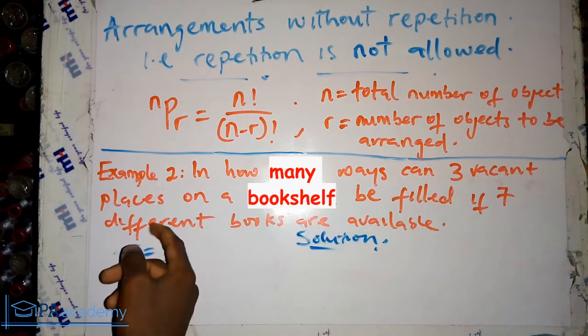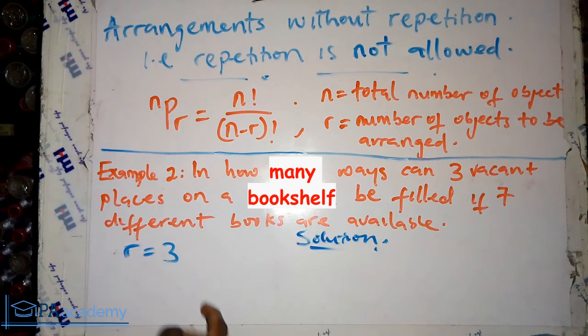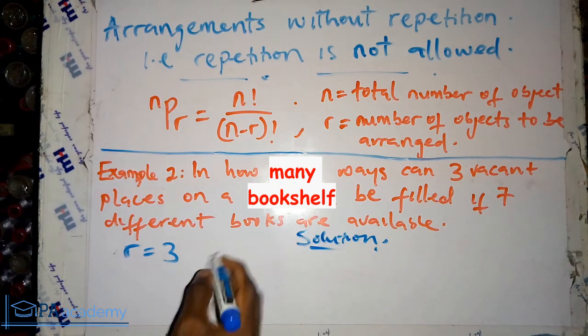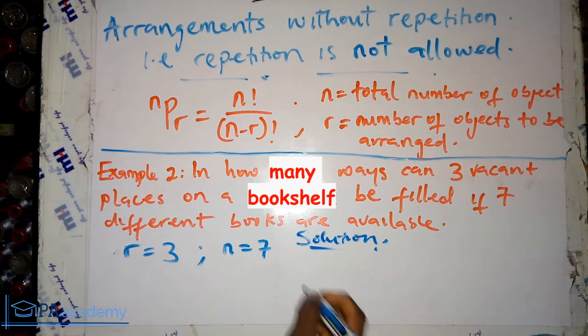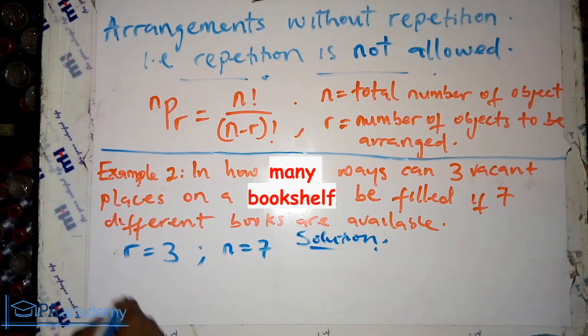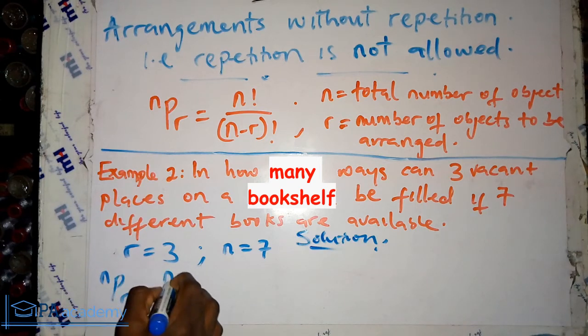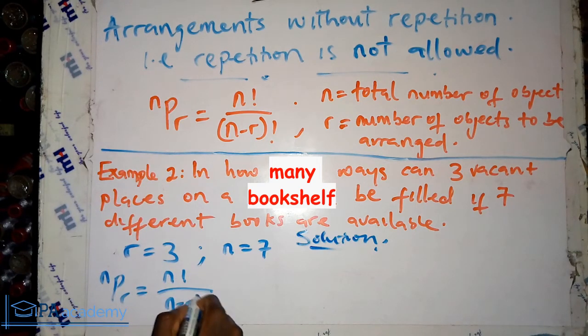Can 3 vacant places in a bookshelf be filled if 7 different books are available, then our n is 7. The formula is nPr equals n factorial over (n minus r) factorial. So let's put in the right values.